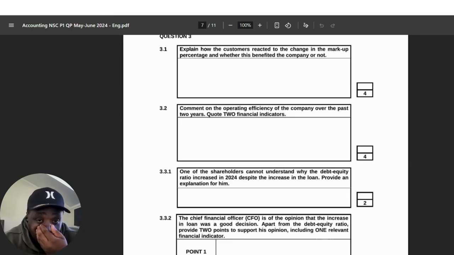So this is a fairly straightforward explanation because the debt equity ratio is made of debt and equity. So as loans increase, you do expect it to decrease. But if you also increase the share capital or retained earnings, then that would cancel out that decrease.